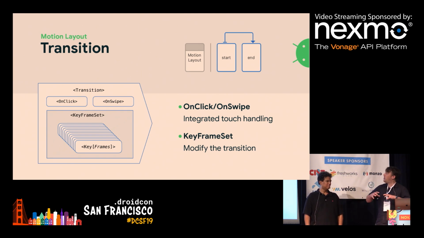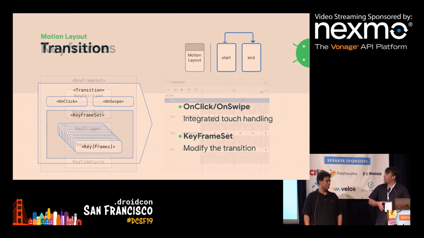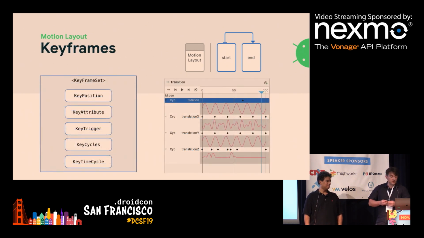The bulk of how the transition actually happens is done via keyframes in the keyframe set in the transition, and there are a lot of keyframes. We have keyframes for positioning, for changing specific attributes, and for how you want to interpolate between attributes. We have key triggers that are triggered, for example, when you hit a particular point in time, cycles that we'll cover a little later, etc.